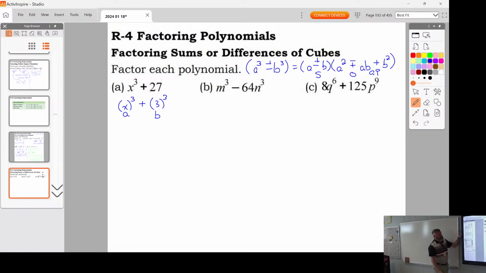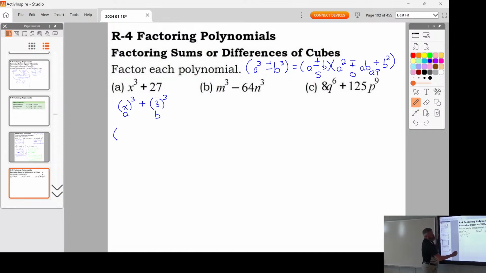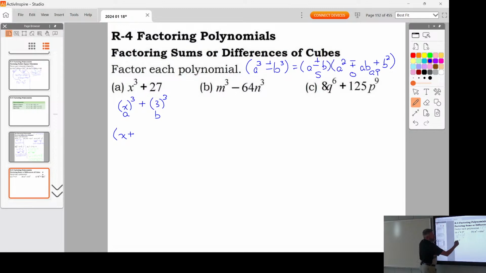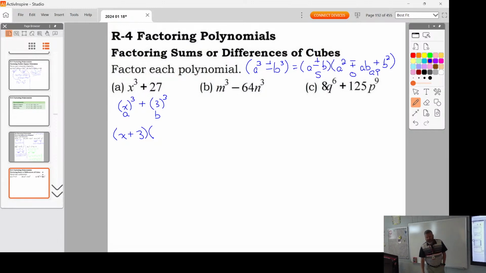Okay. This is a sum of 2 cubes, which means we're going to go across the top here. What is my A? X plus B, which is 3, times, what is my A squared?